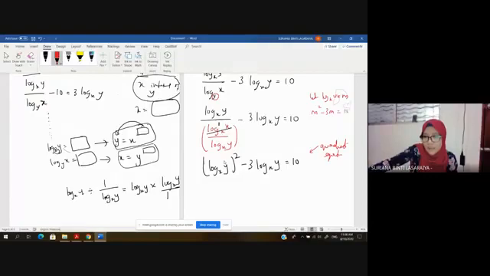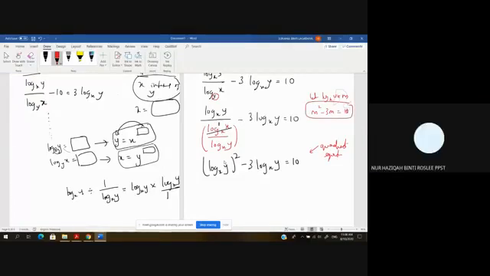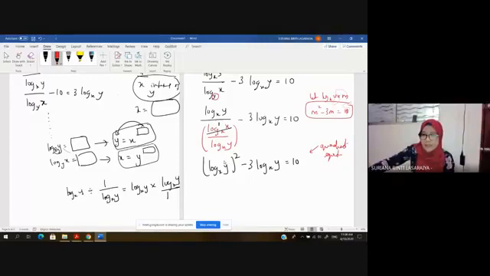Can you see this? Boleh kamu nampak equation ini? Yes. Nampak. Okay. So maksudnya kita akan jadikan dia quadratic equation. So log xy square minus 3 log xy minus 10 equals to 0.